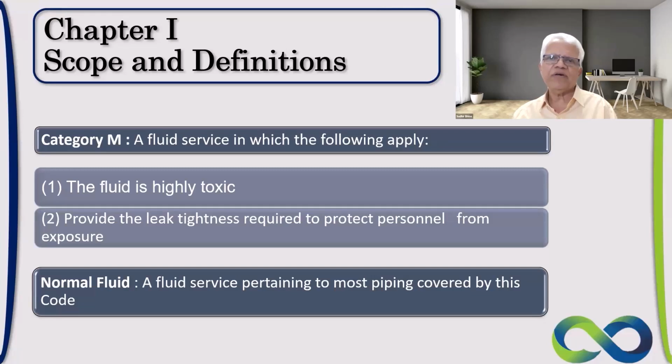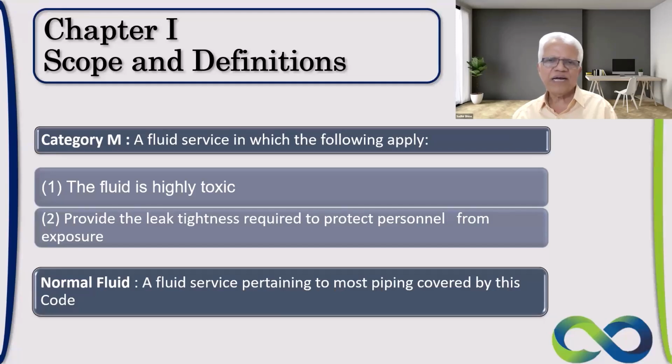Again, we are talking about the responsibility of the owner. That is why it is very important for the owner to inform the designer beforehand that a particular service is Category M or Category D, so that all the rest can be categorized as normal fluids and the general rules of design will be applicable for all such piping.